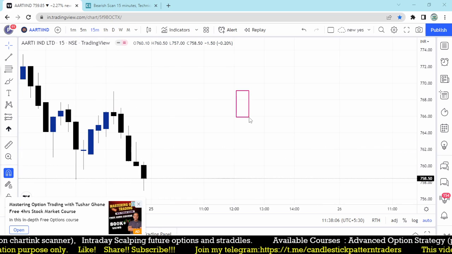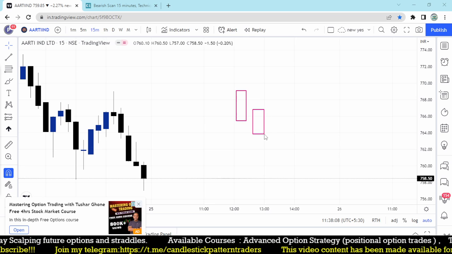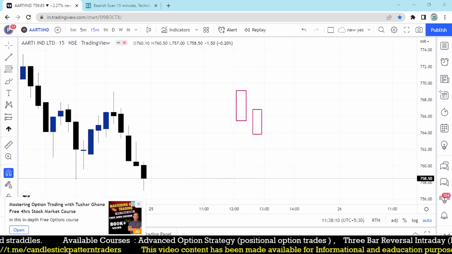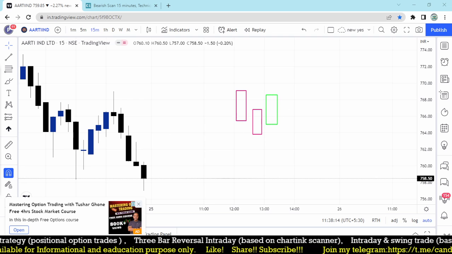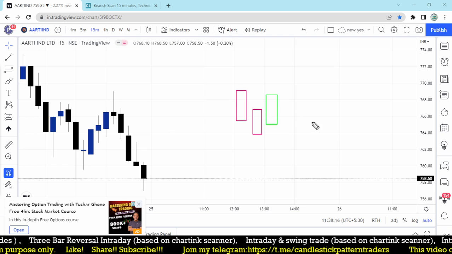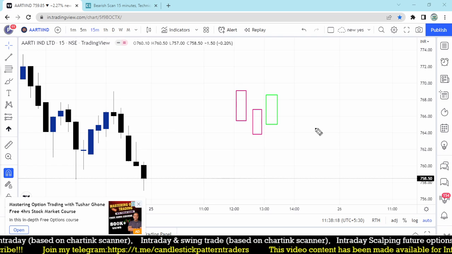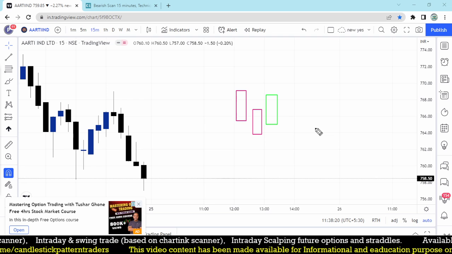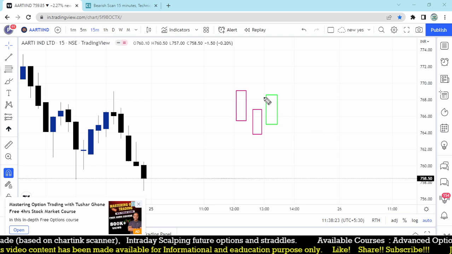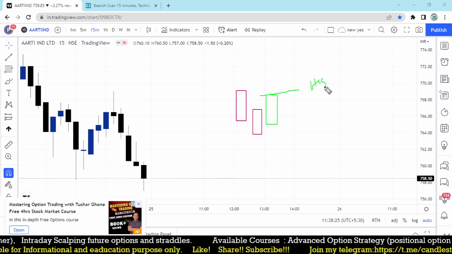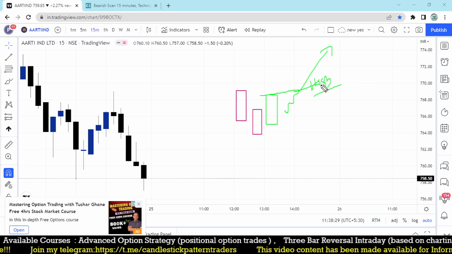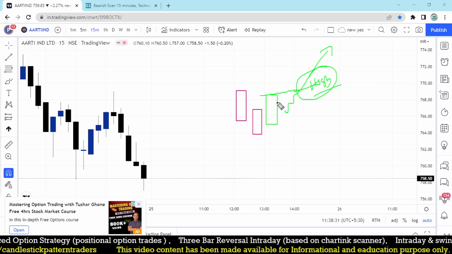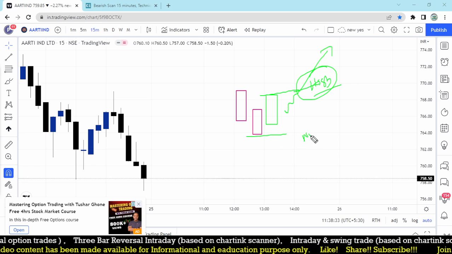The first bar is red and the second bar should be red, and if the third bar is green, it just closes above that. So this looks like a 3-bar reversal, where I'm looking for a 3-bar entry. The entry is above this high, and whatever the time frame, if it breaks later also we can focus on this high, but meanwhile the low should not be broken.